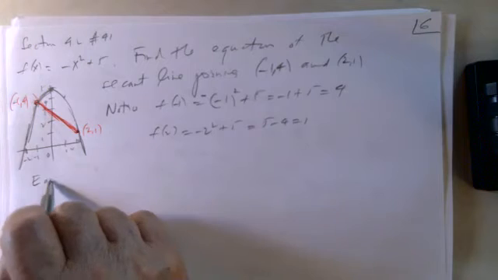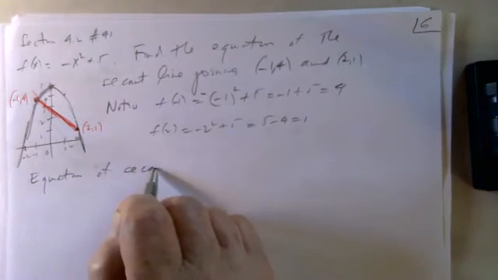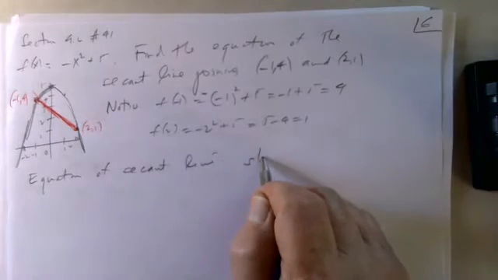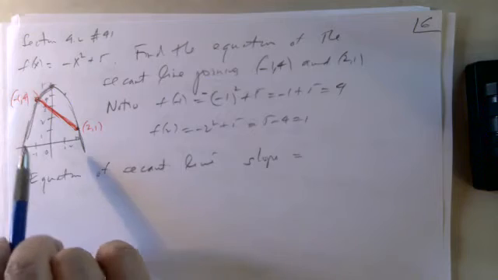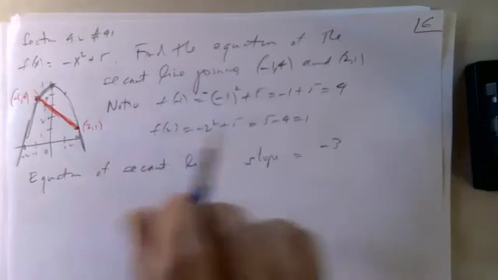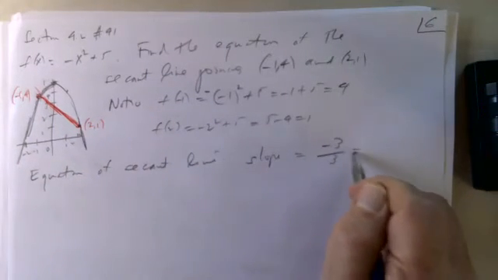So, equation of secant line. We know the slope of the line is equal to rise over run. As you go from 4 to 1, you're going down 3. When you go from minus 1 to 2, you're going across 3.